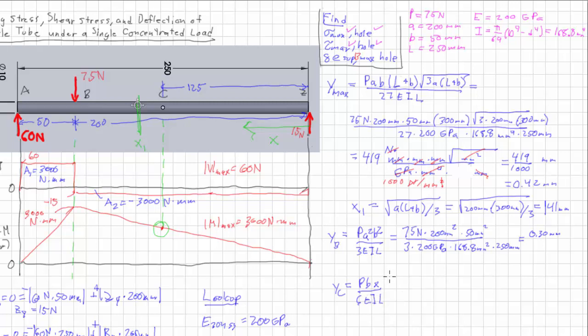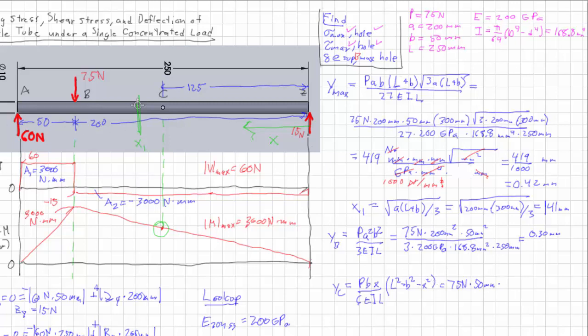But that gets multiplied by L squared minus B squared minus X squared. So P is 75 newtons times 50 millimeters times, now this X thing, we have yet to figure out what X is.